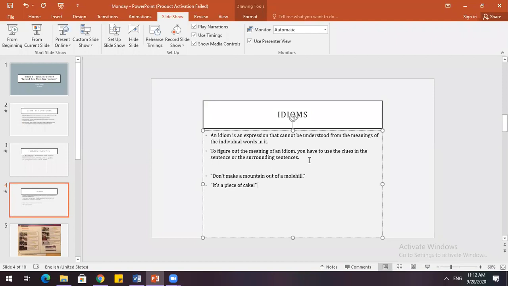But if we look at the sentence, it might have said, it's a piece of cake. Don't worry, just try and it will be easy for you, for example. So we don't know what it's a piece of cake means by itself, but once we read it within the context, we understand. And then once we see an idiom by itself like this, we understand what the meaning is. Okay, thank you very much.